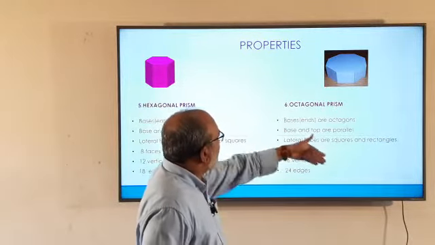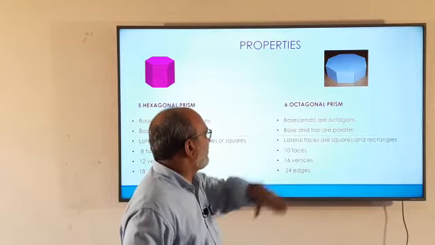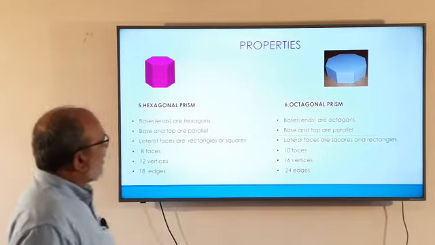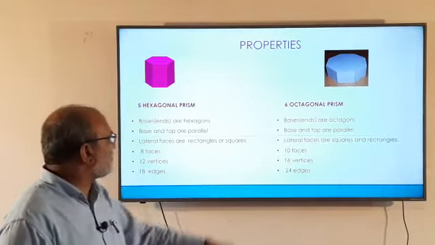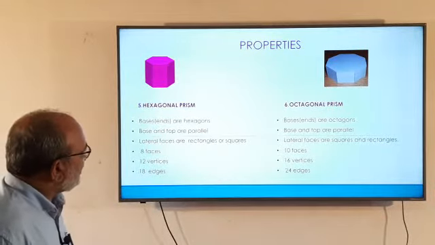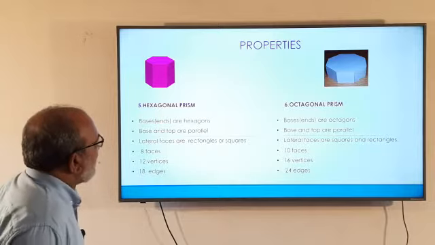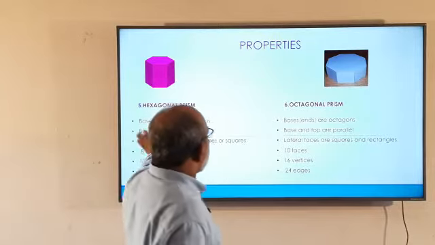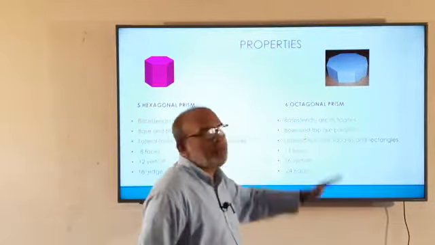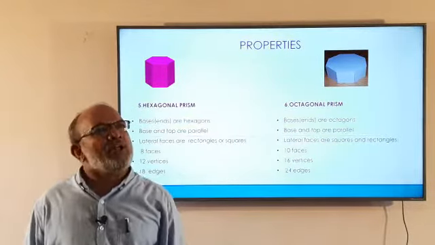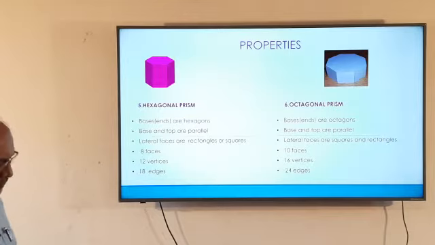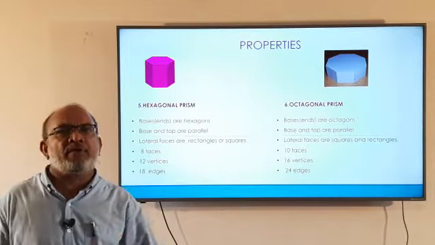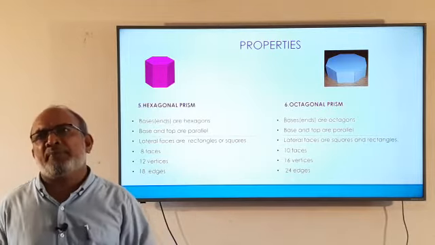It's an octagon, base is an octagon. So, that is why octagonal prism. Bases are octagons, base and top are parallel, lateral faces are squares and rectangles, 10 faces, 16 vertices and 24 edges. You see, somewhere I have mentioned base and top are parallel. Base and top are parallel only for the right prism, not for the oblique prisms. Okay. We will learn about right prism and oblique prism, regular and irregular, convex and concave after this.